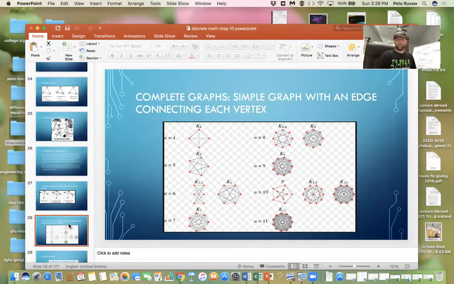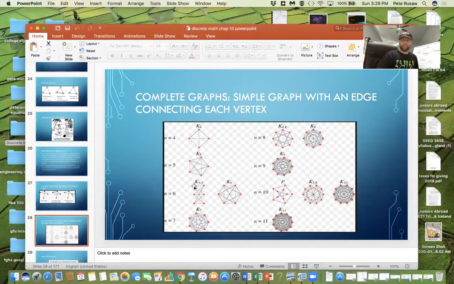Complete graphs are simple, but every vertex has a connection in every possible way. So if we had 4 vertices and we made as many connections as we could, that would be K4. That's the complete graph K4. K5 would look like this. This is called a bipartite graph.